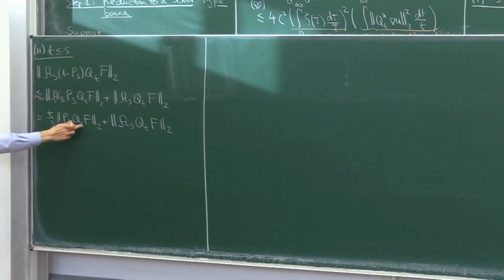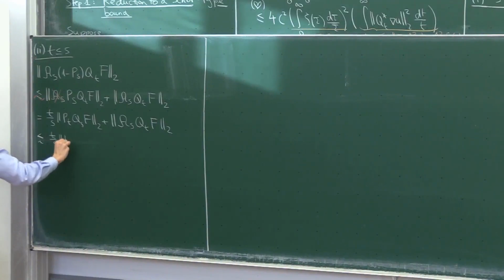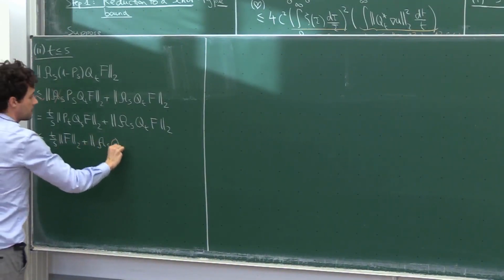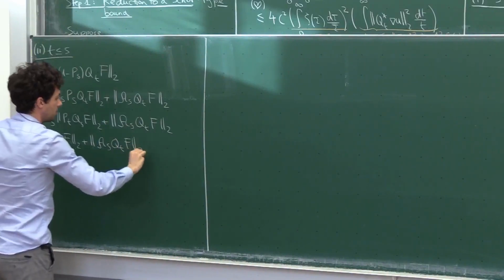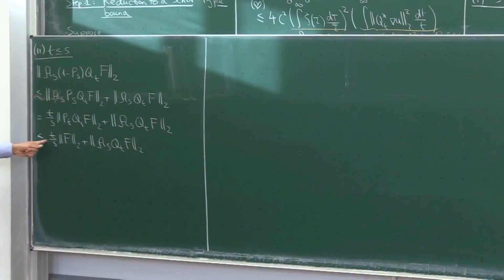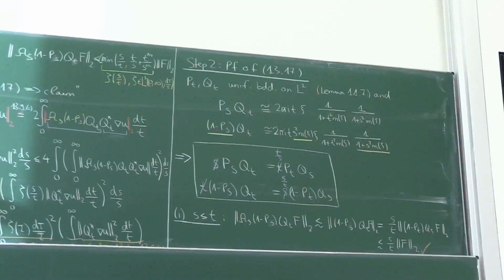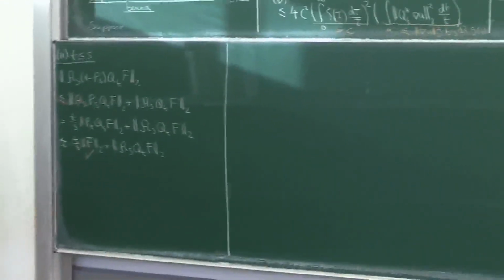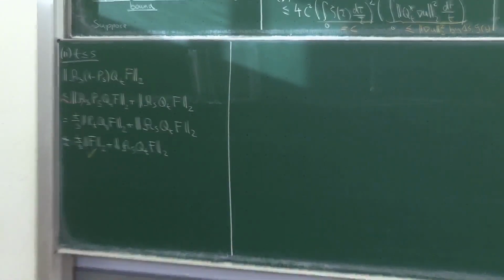And then once again, this is uniformly bounded garbage. I can throw it away. It's T over S times the norm of F plus AS QT F. Okay, so the T over S is something I want to see over there in 1317. So this term here is also a nice one. And what remains to be done is I need to bound the term with a dyadic averaging operator.